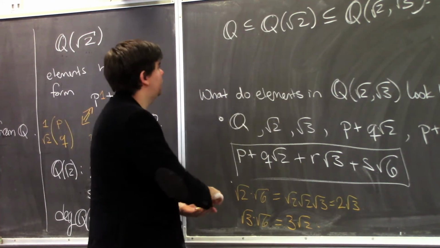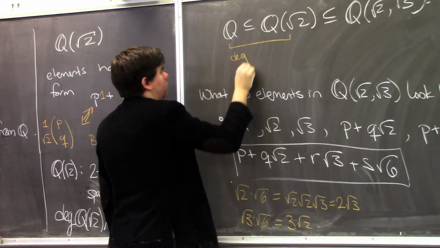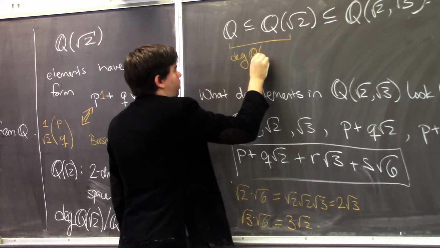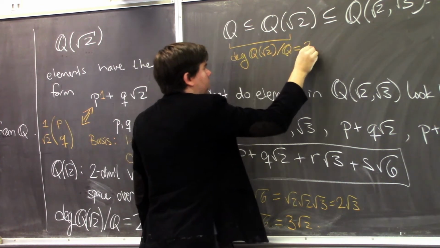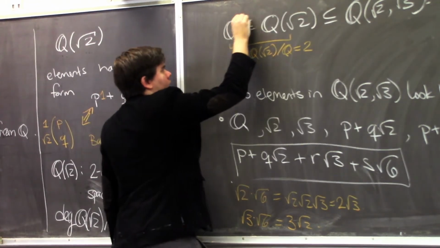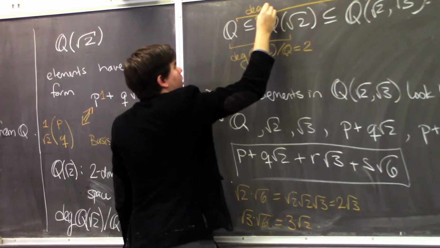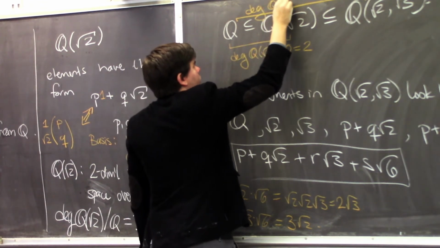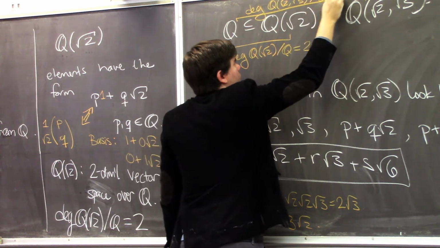We said that the degree of Q extended by root 2 over Q is 2. What do you think is the degree of Q extended by root 2 and root 3 over Q?